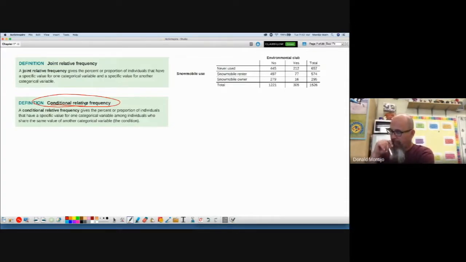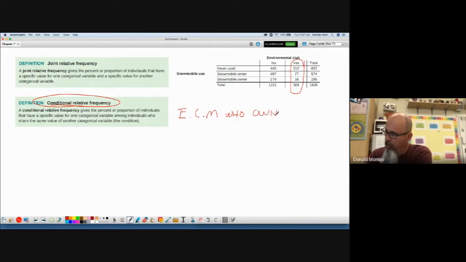So, for example, what is the conditional relative frequency of environmental club members who own snowmobiles? We're only looking at environmental club members for this conditional. Okay. So, environmental club members who own a snowmobile.